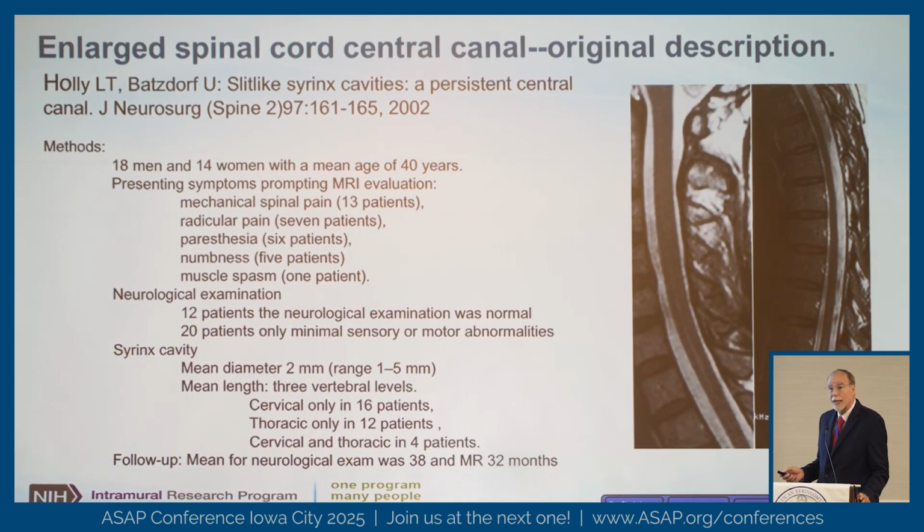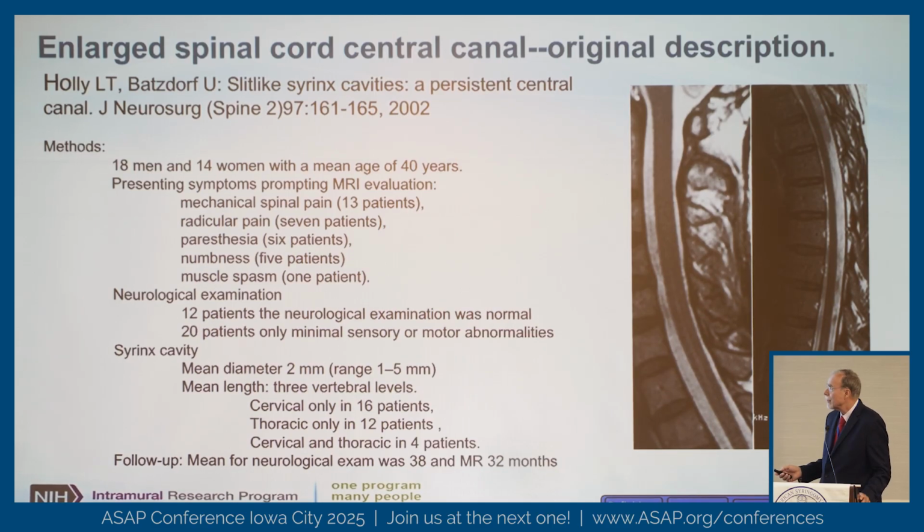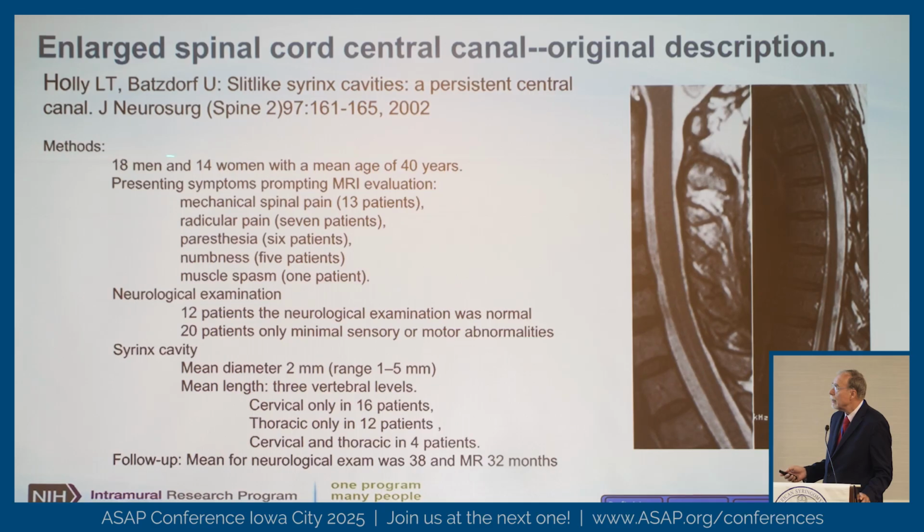This was from 2002, and it's still controversial, so it hasn't been settled since their original paper. In their original paper, they had 32 people with symptoms like spine pain, pain in one small area, some unusual sensations, some muscle spasm.